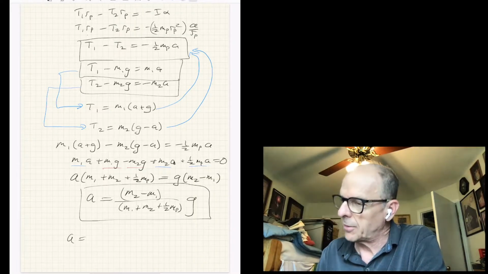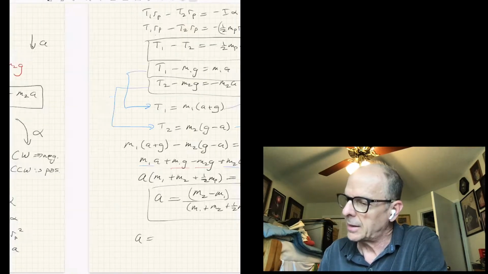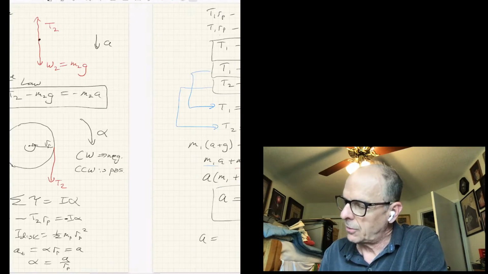We can go ahead and put our numbers in for this one. For M2, we had 4.5, and M1 we had 2.